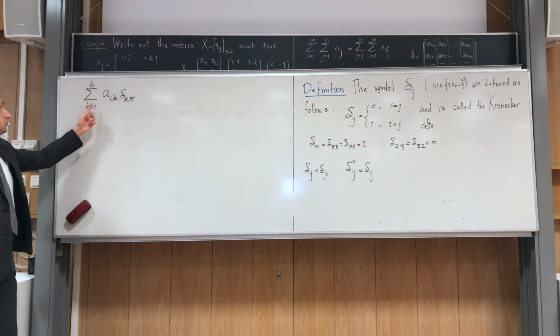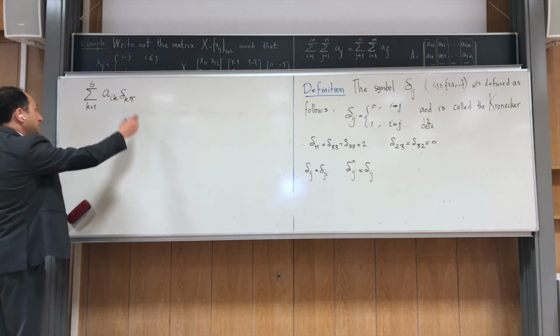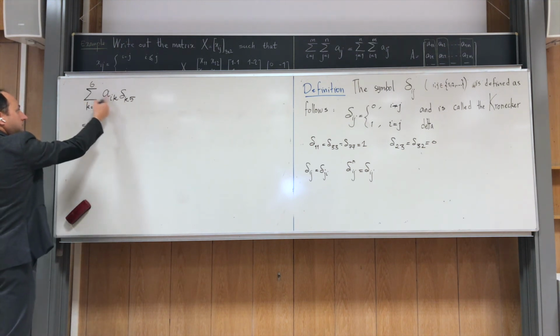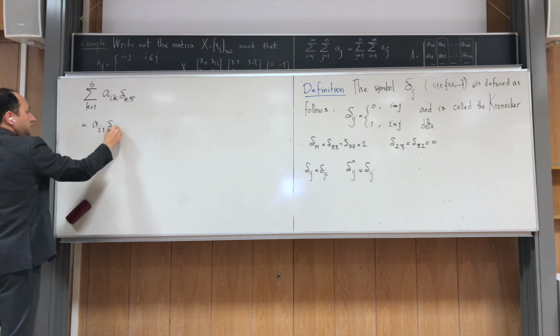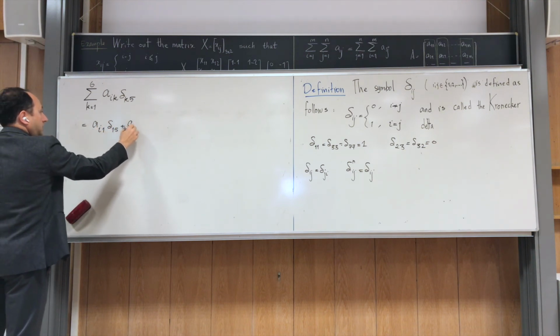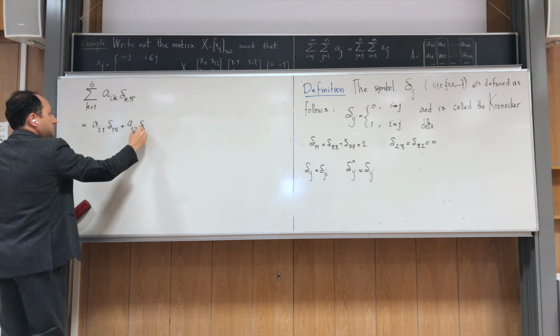So here it means that if I want to write this sum, in principle, I should expand it. It becomes a_i1 delta_1,5. The next one is a_i2 delta_2,5.